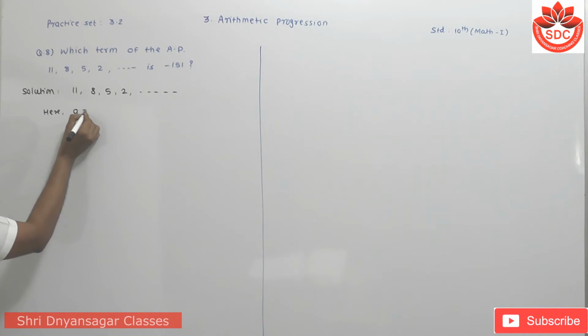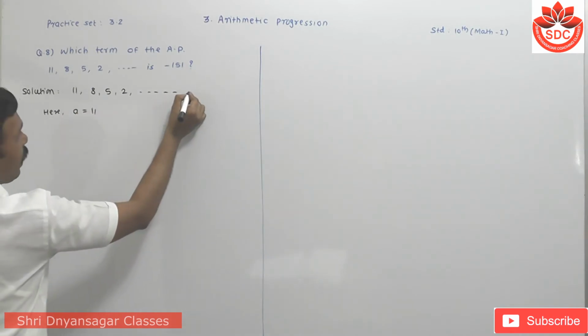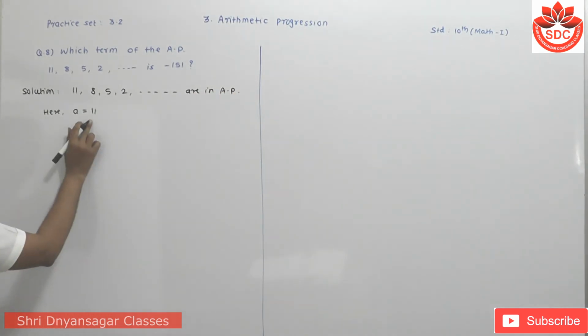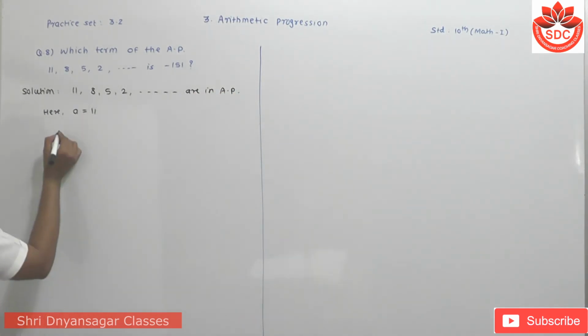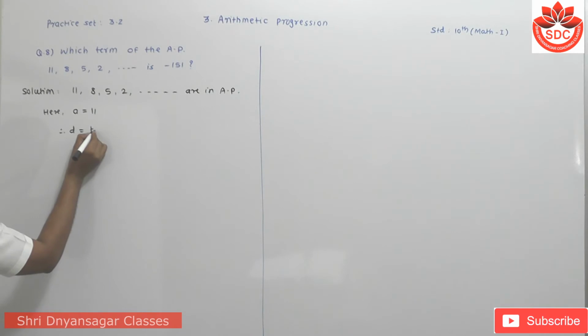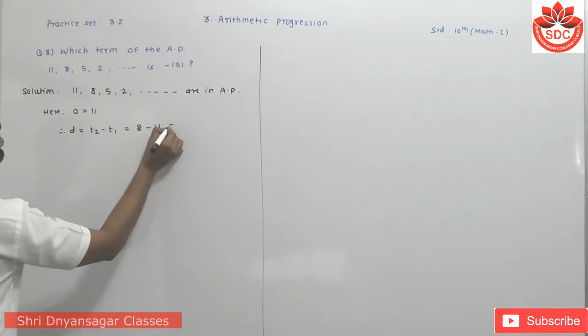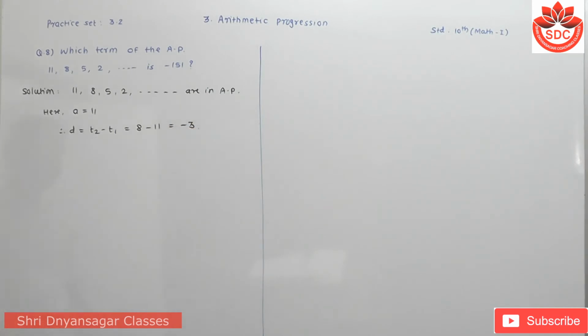Here a is equal to 11. So here I have written it in AP. Therefore the first term a is equal to 11 and d is equal to T2 minus T1, means 8 minus 11, means the value of d is minus 3.